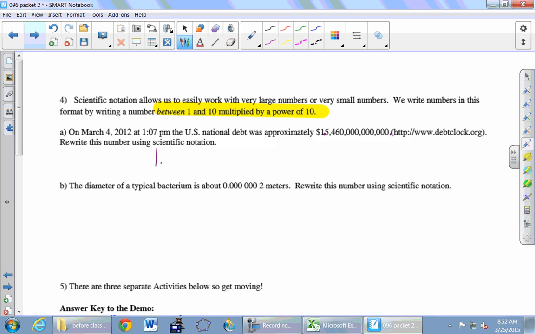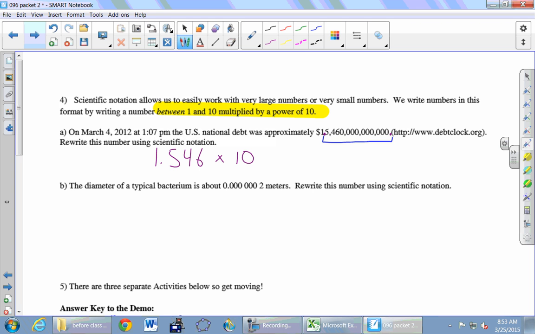So 1.546, and then a bunch of zeros that you don't need to write because they're after the decimal point at the end. And then it says multiplied by a power of 10, times 10 to the something. Okay, so how many spaces are there between where the decimal point was and where we moved it? 3, 6, 9, 12, 13. Is that all right?